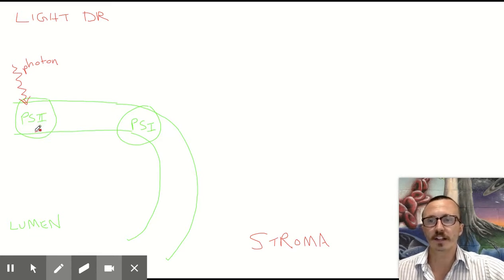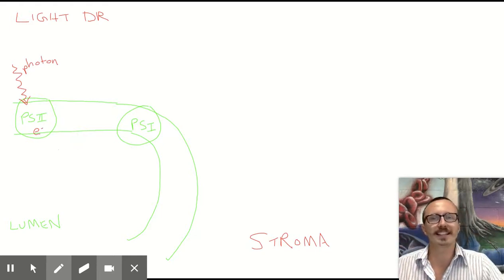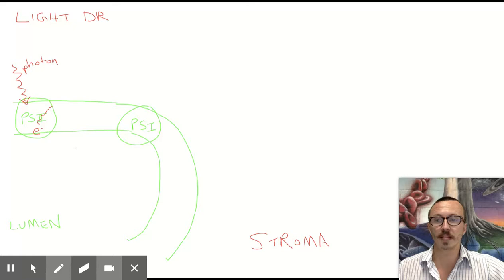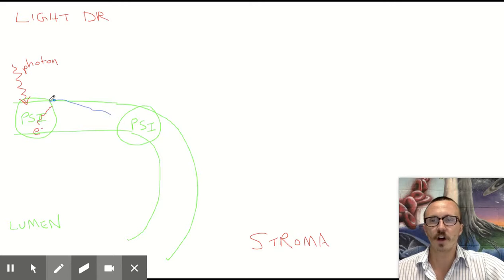And this little electron, remember electrons are negatively charged, he gets so excited and he bounces out to an excited state and can easily bounce off of the molecule, right? Because of this addition of energy from light. And this excited electron can actually zip across this long chain of proteins. There's lots of them, right?